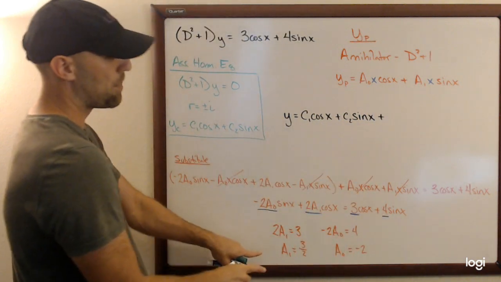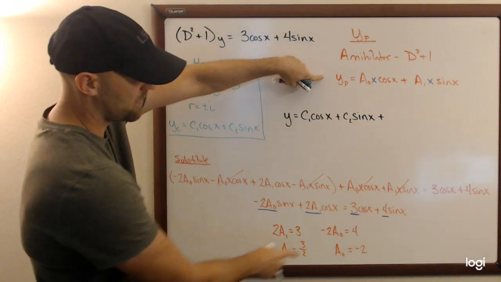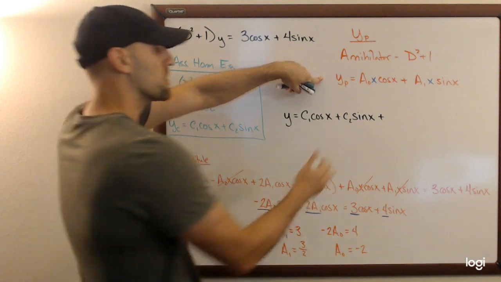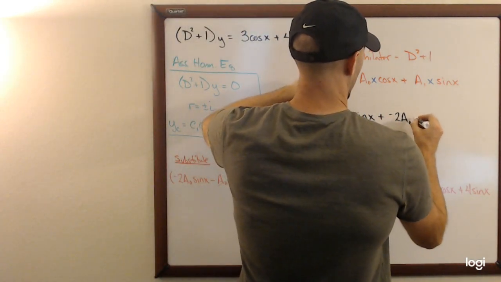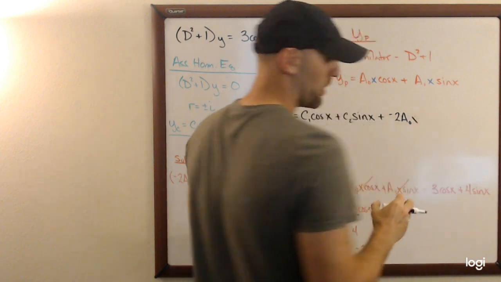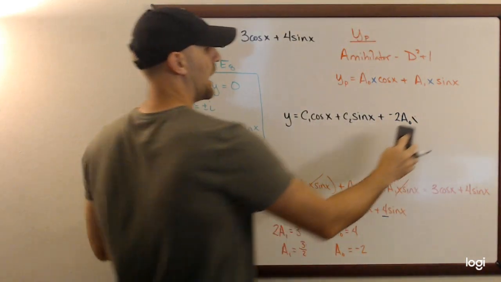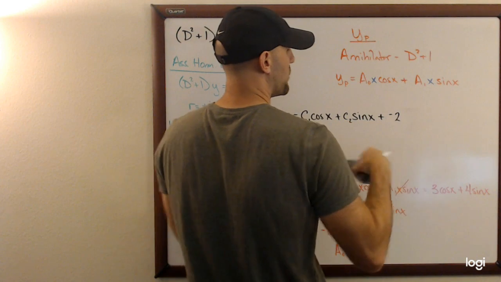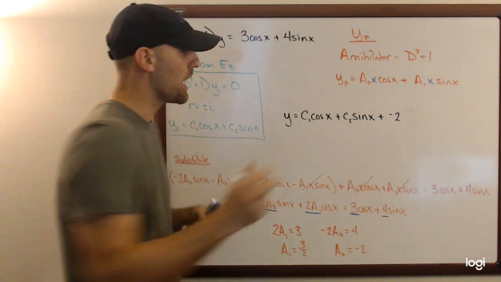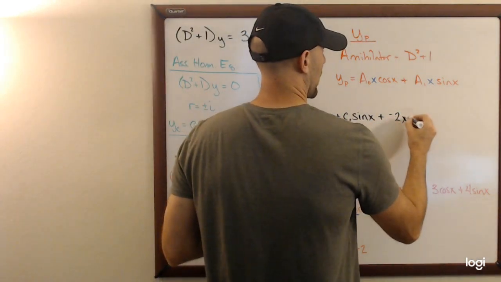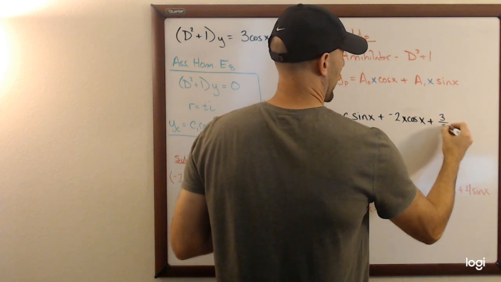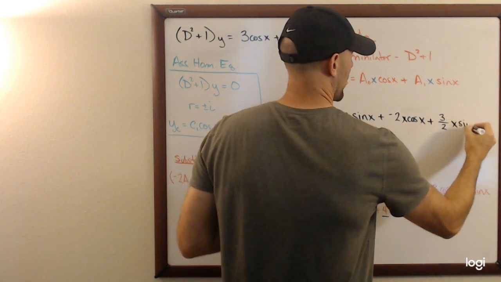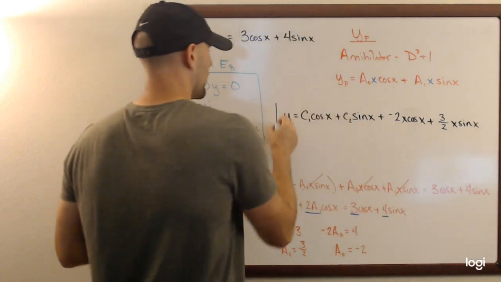Plus my particular solution, this with these coefficients, right? So plus negative 2 a naught, good Lord. A naught is negative 2, sorry. Negative 2 x cosine x plus 3 halves x sine x.